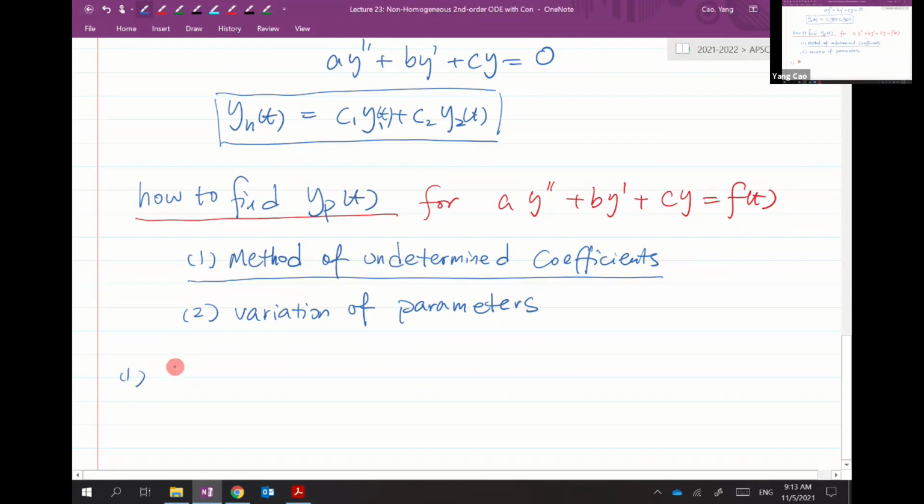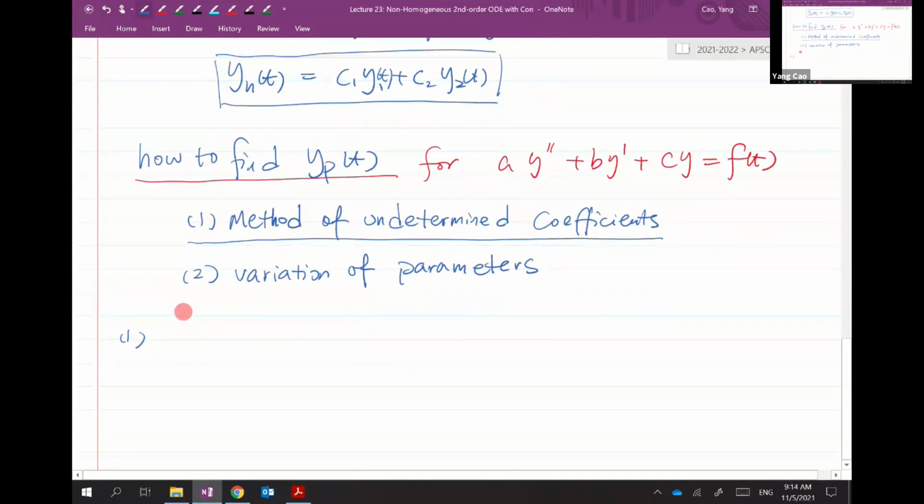This first method has a different name, if you don't want to remember this mouthful. It's also called the lucky guess method.